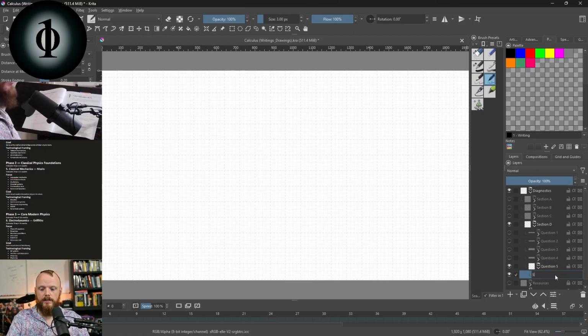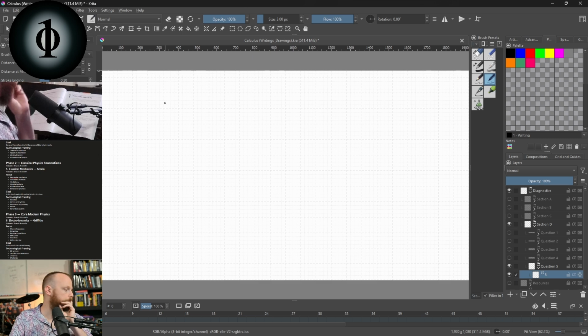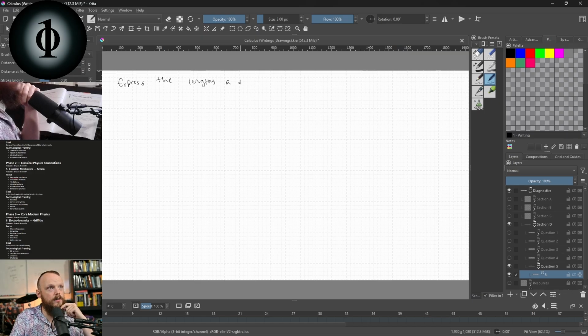Okay, so it only has 1, 5. Express the lengths A and B in the figure in terms of theta.